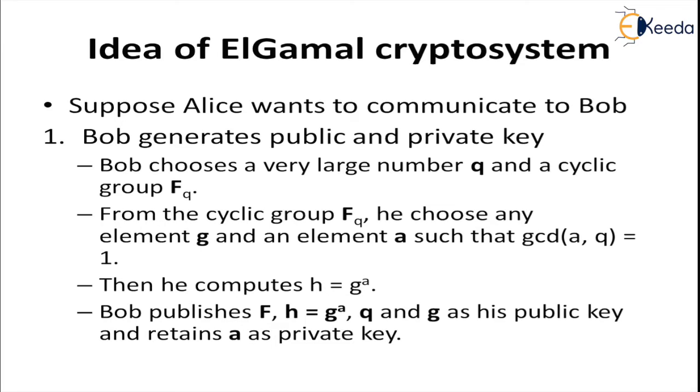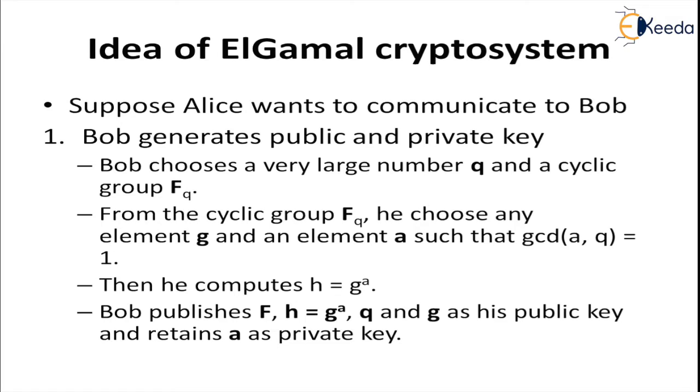Now, for the ElGamal algorithm, suppose we take the same example of communication between Bob and Alice. Suppose Alice wants to communicate with Bob, and it goes through various steps. The first step is that Bob generates the public and private key. Bob chooses a very large number q and a cyclic group F of q. From the cyclic group, he chooses an element g and an element a such that GCD is equal to 1.